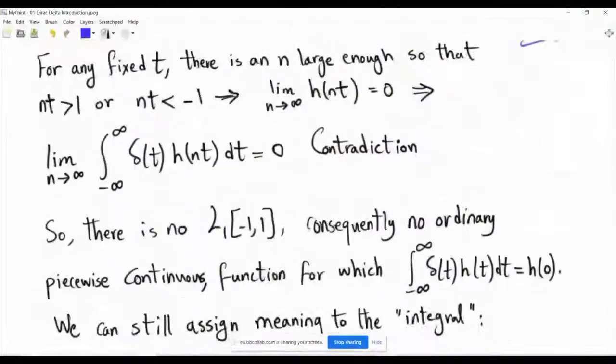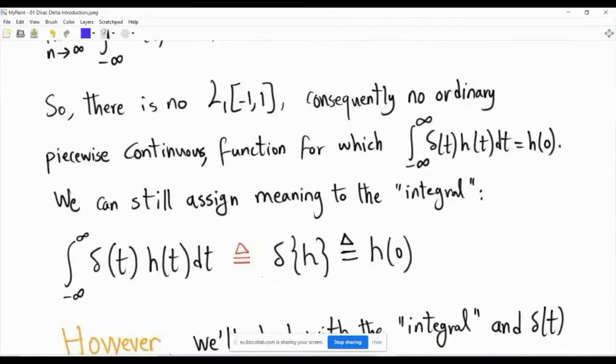So this is our result. However, we will take this integral as notation, not as a true integration, which means this effect: it is a functional that takes a function as an input, and then it spits out the value of the function at 0.